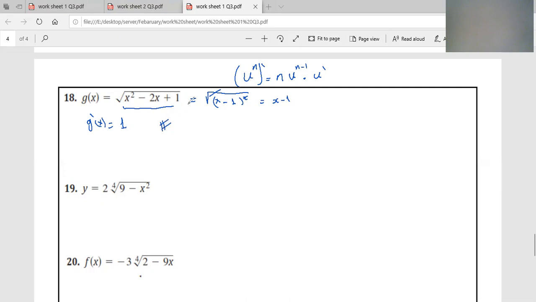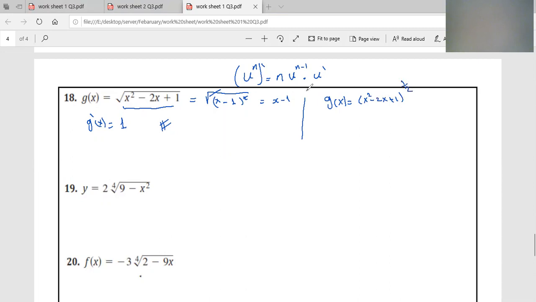But some of you can't solve by this way, or they can't notice that the trinomial under the root represents a perfect square. You can rewrite the function to be in the power form as we did before, x squared minus 2x plus 1 all to power half.